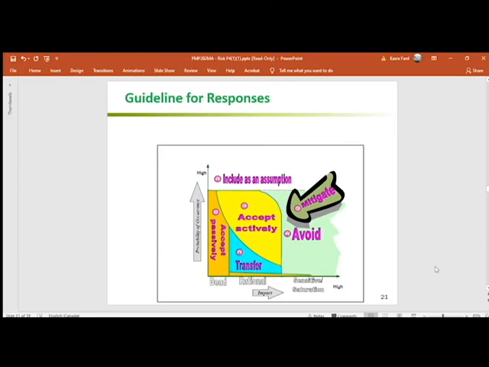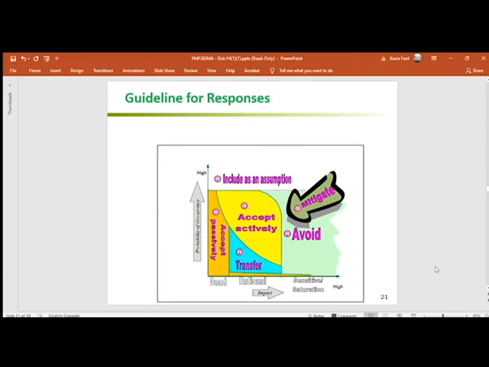If the probability of something happening is 99% or even 100% or 95%, then we would be considering that as an assumption, and we will be planning as though this would actually happen.